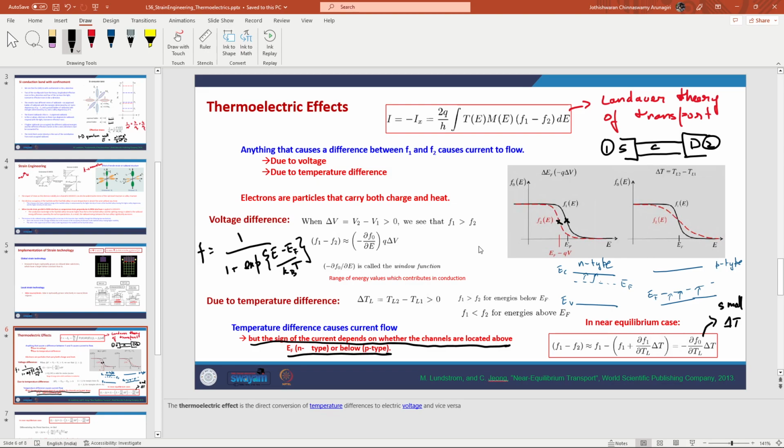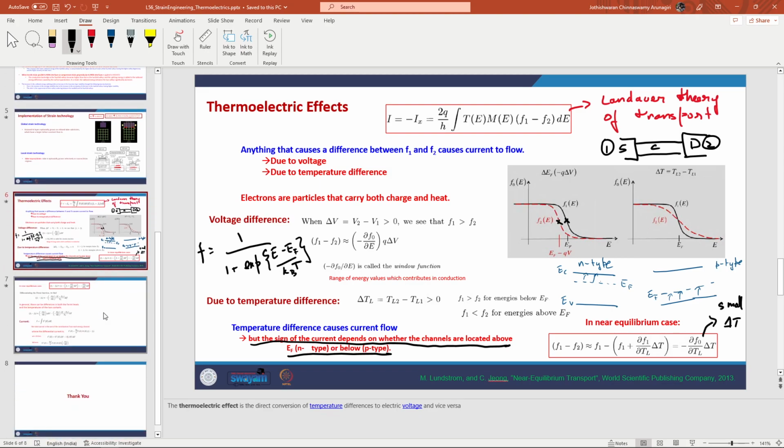We knew that the electrons will essentially move from a higher energy state to a lower energy state, and since electrons have a negative charge, they will move from the lower voltage terminal to the higher voltage terminal, and that is usually assumed to be the negative direction for the current flow. So the current is written with a minus sign, and that's what we see over here. Whereas here, the sign of the current depends on what kind of doping the material has. That is an important thing to remember here.